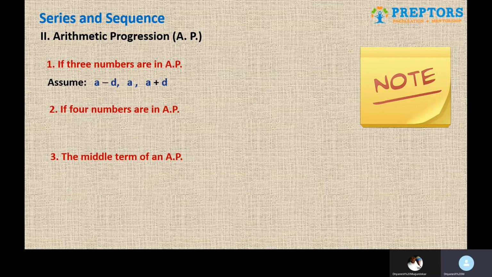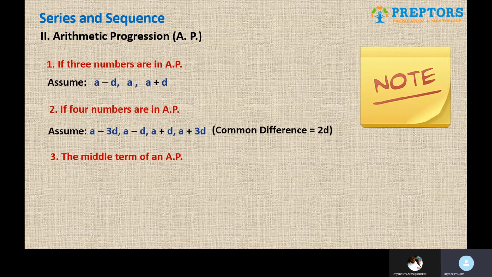Similarly, suppose you are writing four numbers in AP as a generic form or as an assumption. Now with four numbers, there is no one middle term, there will be two middle terms, which will be A minus D and A plus D, and then one before that and one after that, which will be A minus 3D, and on the right extreme side it will be A plus 3D. Again, why this only?